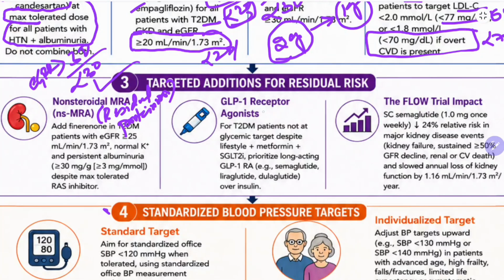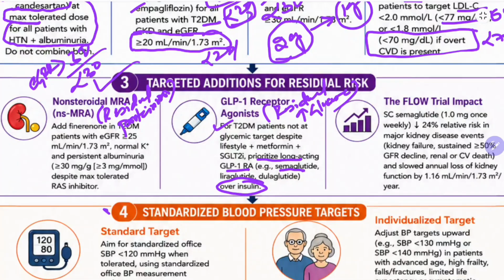The GLP-1 receptor agonist is for residual high glucose. For type 2 diabetes mellitus patients not at glycemic target despite lifestyle, metformin and SGLT2 inhibitors, prioritize a long-acting GLP-1 receptor agonist like semaglutide over insulin. So what do you think?